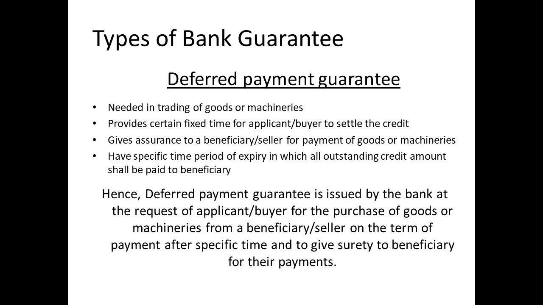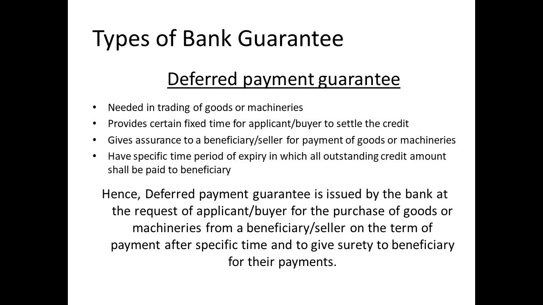Deferred payment guarantee is needed when there is a trading of goods or fixed assets in a credit period. It provides certain time for the buyer to make payment to the seller for purchased goods or fixed assets. Further, it assures the seller that its credit will be paid within the specific time.